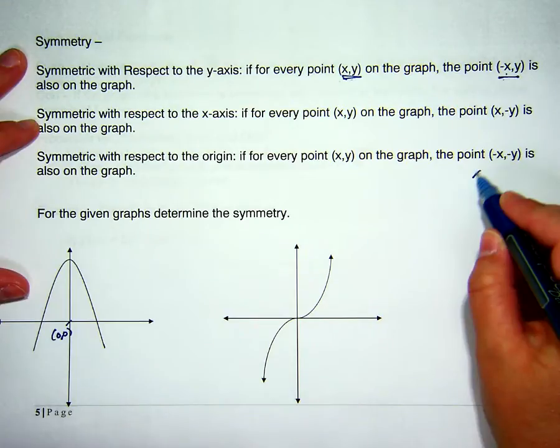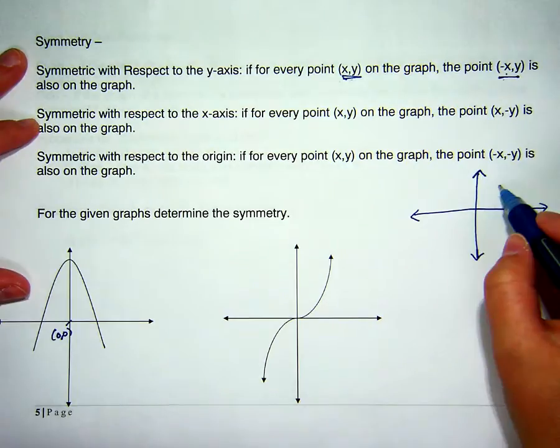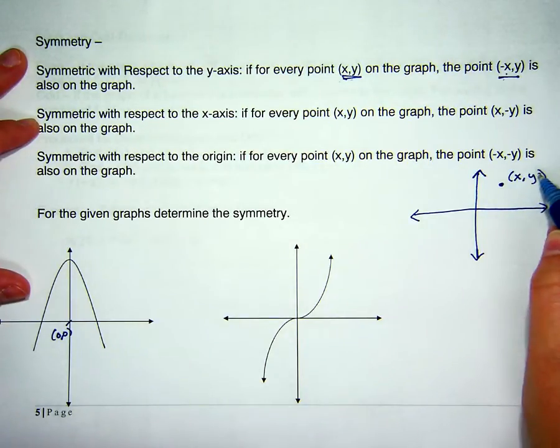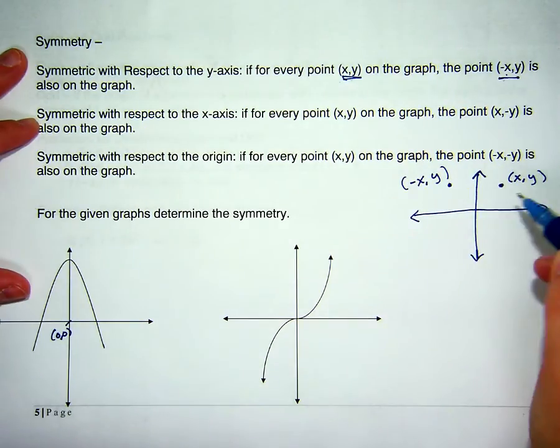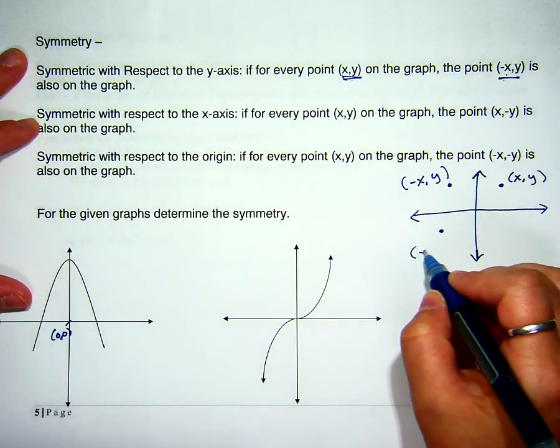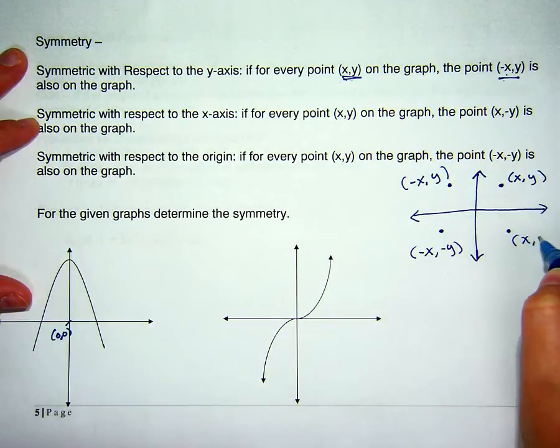Well, where are, for example, positive, positive? Here is positive x, positive y in this quadrant, quadrant 1. Negative x, positive y would be in this quadrant. This quadrant here would be negative x and negative y, and this quadrant here would be positive x, negative y.